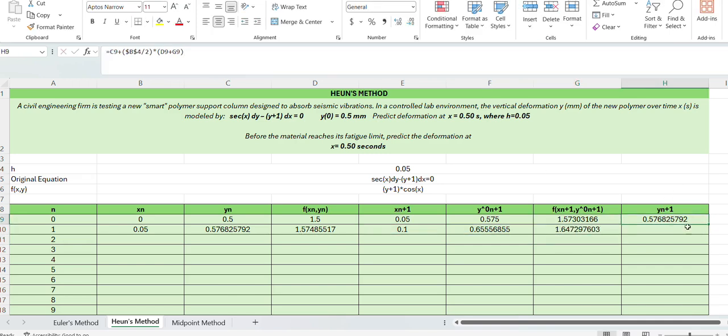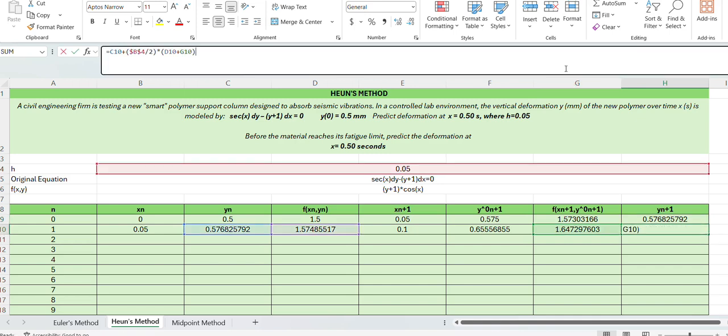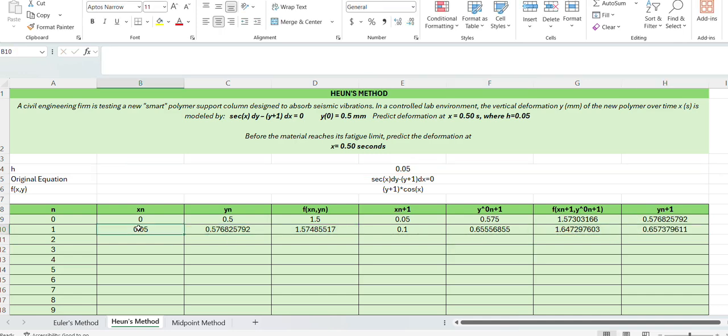Upon checking, we concluded that the functions are right.